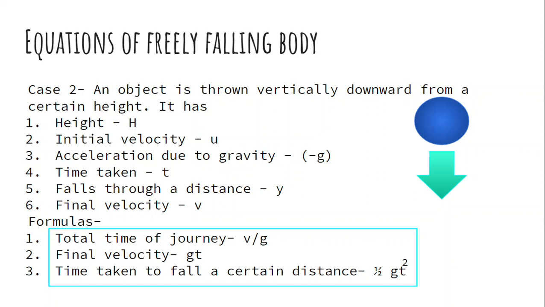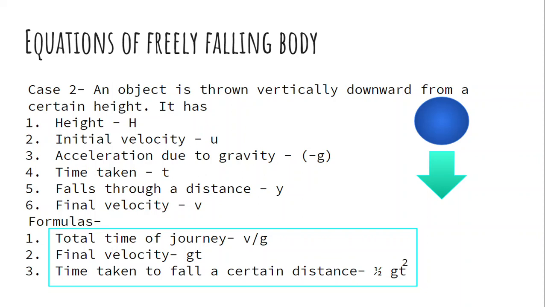Now we have case 2, which is an object thrown vertically downward from a certain height. It has height h, initial velocity u, acceleration due to gravity minus g, because according to our assumptions of free fall, if an object is moving downward, it should be minus g.